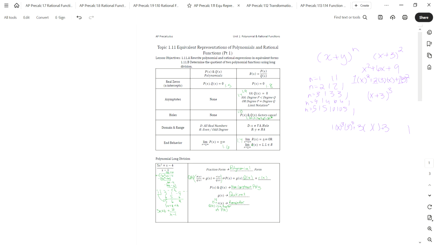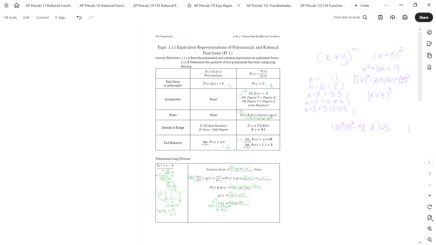And notice how this went from x squared to x to the first. So if this is x to the third, what would the exponent be here? This one went from x squared to x to the first.